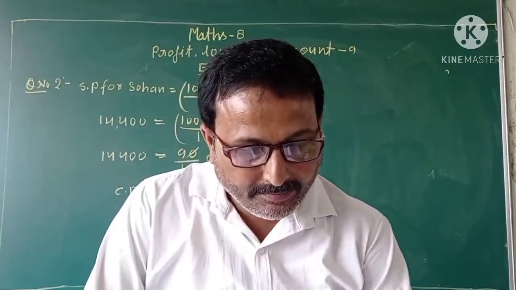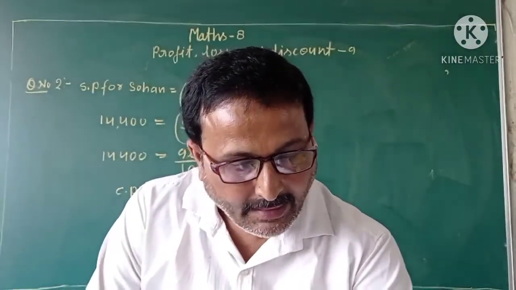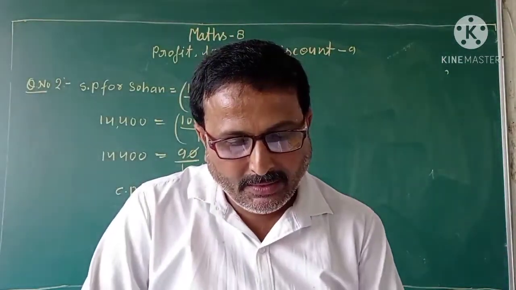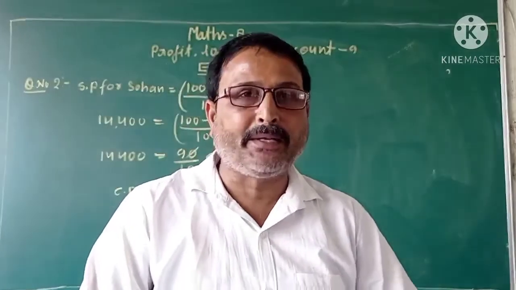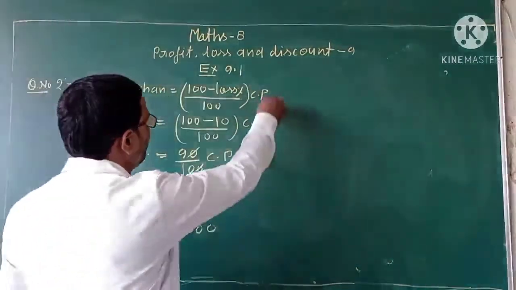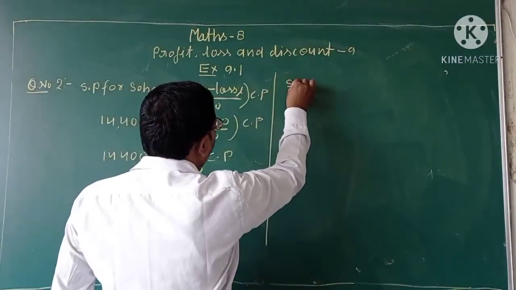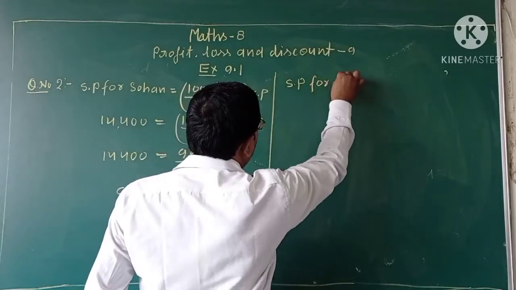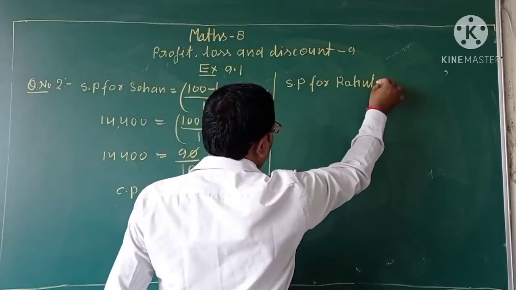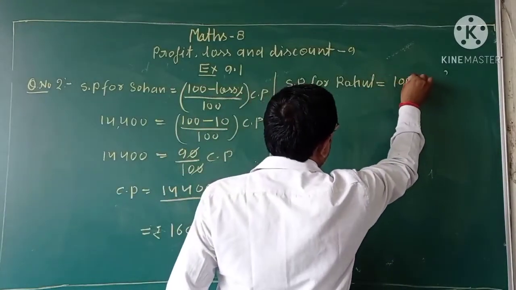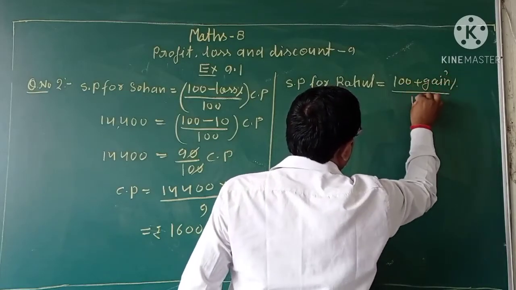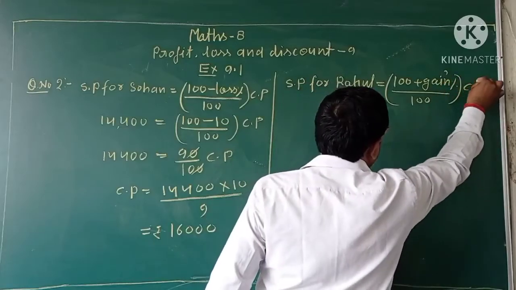Now the question is that at what price should Rahul sell this music system so as to earn a profit of 7%? So now SP for Rahul is equal to 100 plus gain percent upon 100 into CP.